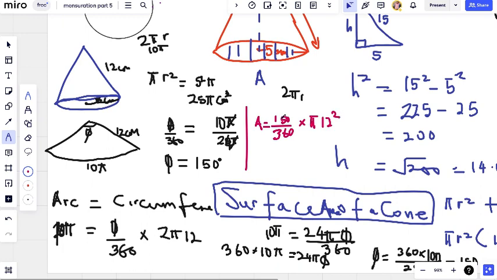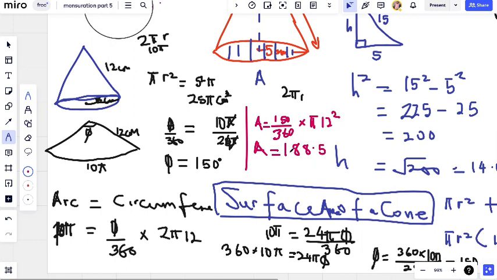Then multiply by pi, and tell me what you got for the area of the sector. Okay, 188.5. That's the area of the sector, or you say 60 pi, if you want to leave the answer in terms of pi.